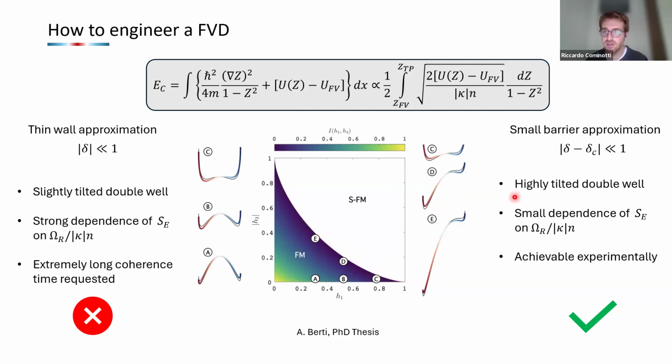In this regime, the double well turns out to be highly tilted. The difference in the two vacua can be tuned very efficiently with the detuning, and we have small dependence on the Rabi frequency. So as I said, this is the regime which we have explored in our experiment.